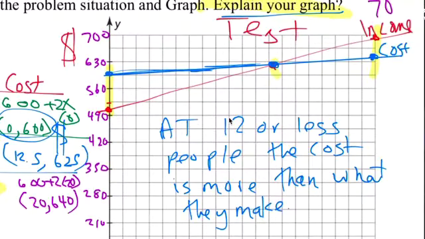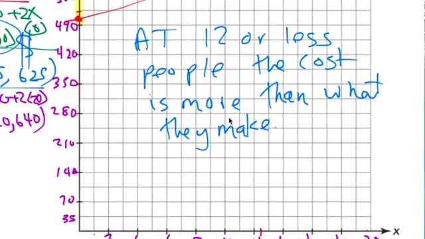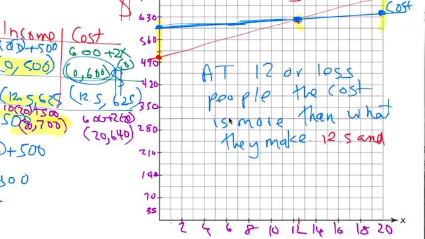At 13 and over, while at 13, you can't have 12 and a half people. At 12.5 people, not possible. But all the other ones, if I give you, it comes out a decimal, it will work.